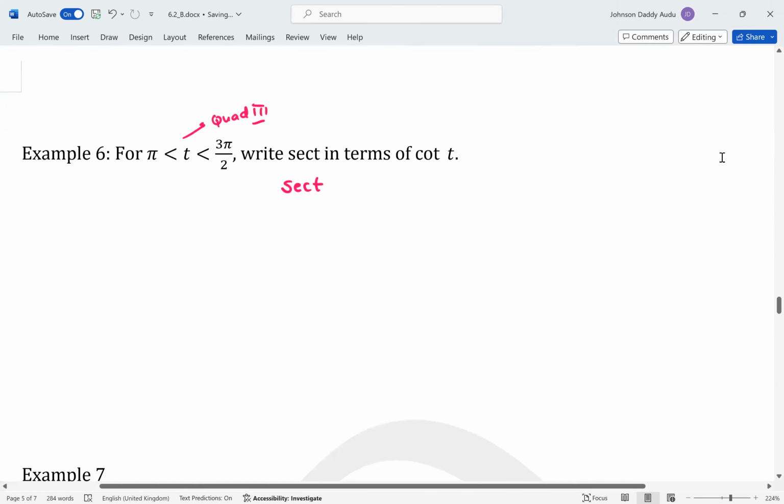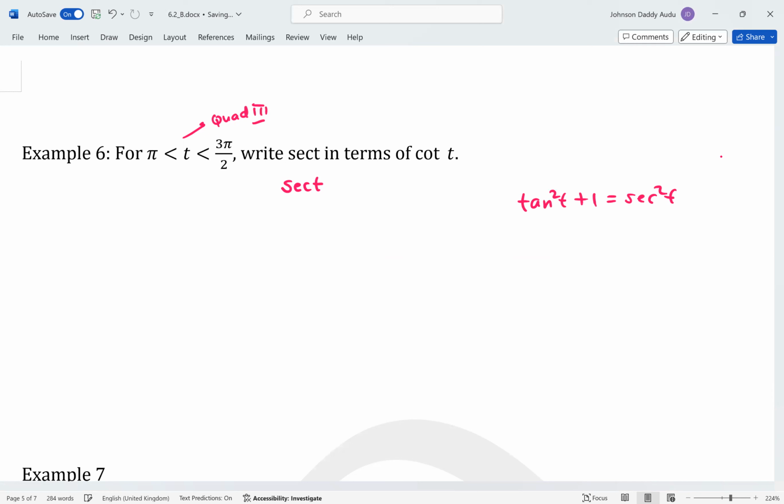So it means from here that sec t is going to be plus or minus the root of tan squared t plus 1, all right?